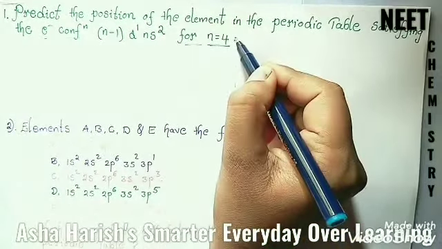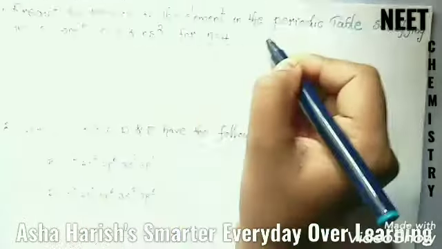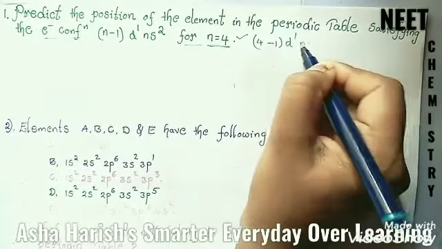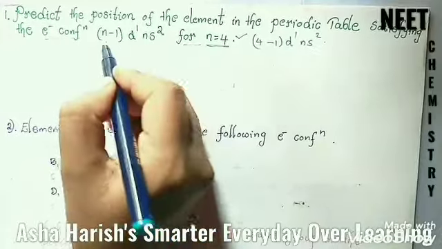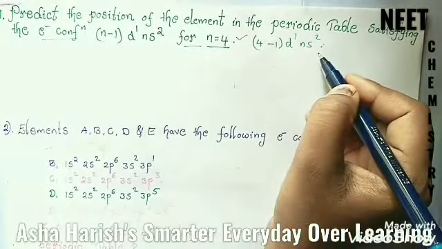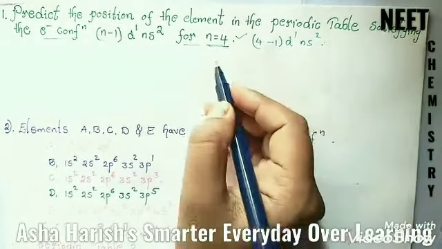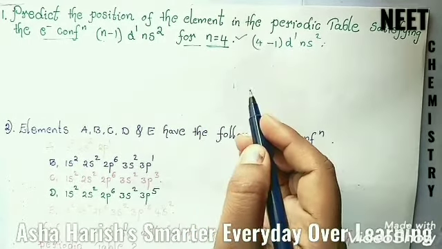Here, for n equal to 4, the electronic configuration is (4-1)d1 ns2. Simply we can substitute 4 in the place of n, and the corresponding element with this configuration is scandium, which is a d block element. Why?